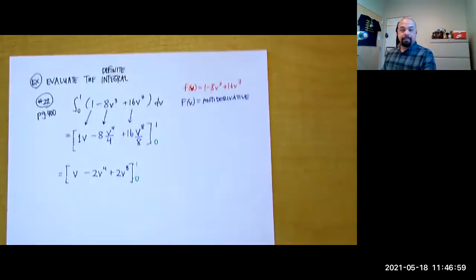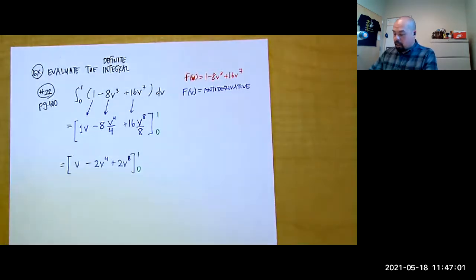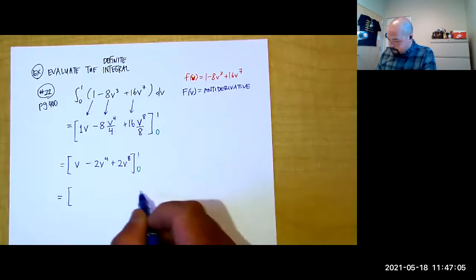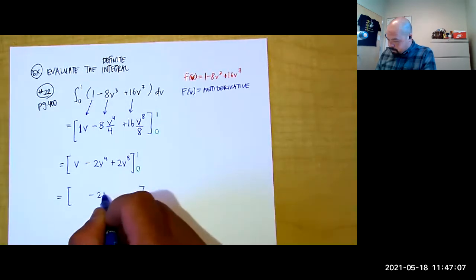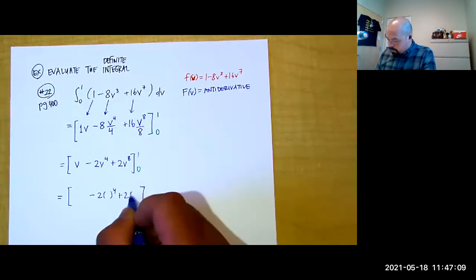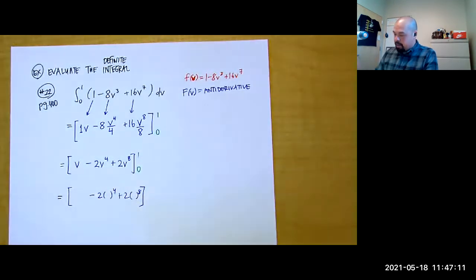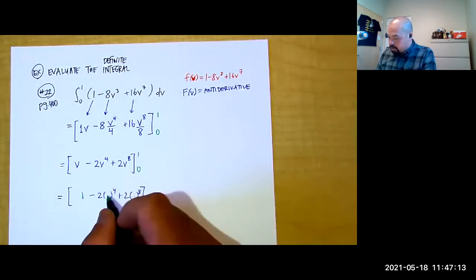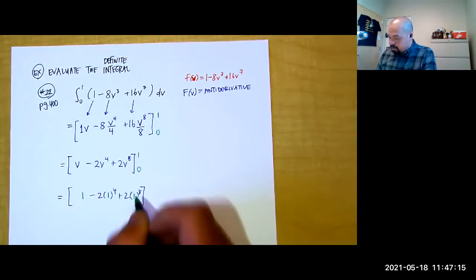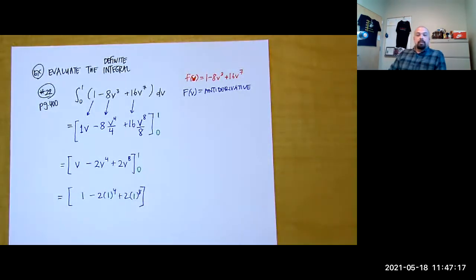But now we're going to plug in first our upper limit of integration. Put my placeholders in. V is 1, 2 times 1 to the 4th plus 2 times 1 to the 8th, minus, it's always a subtraction.